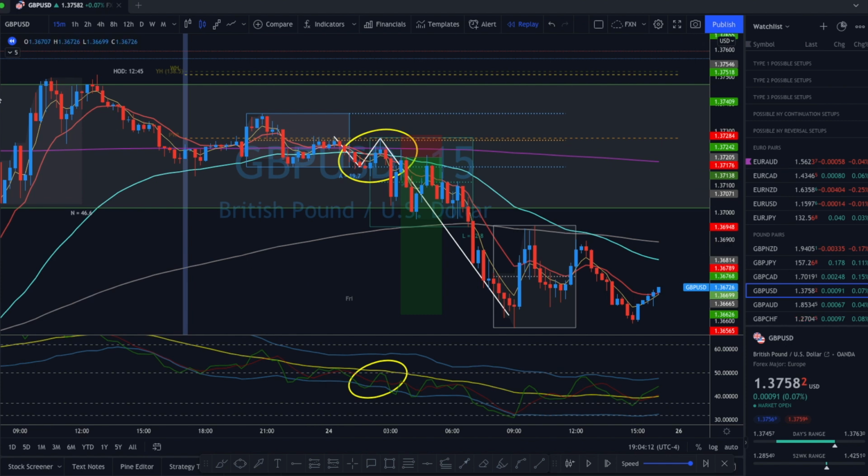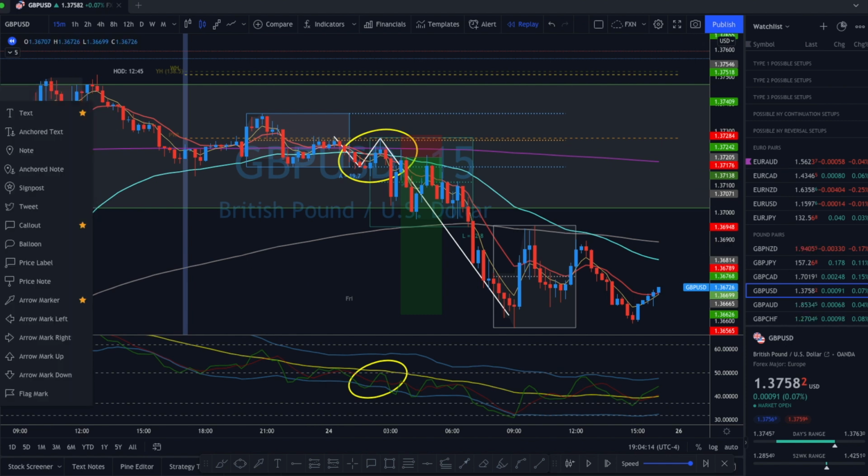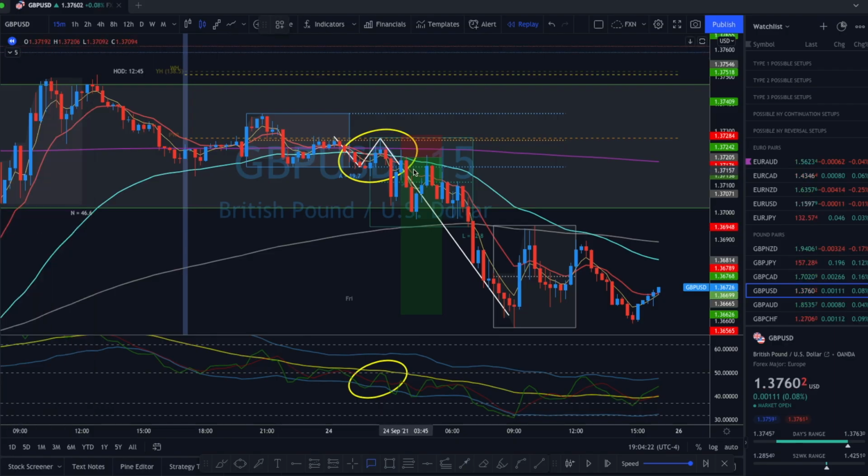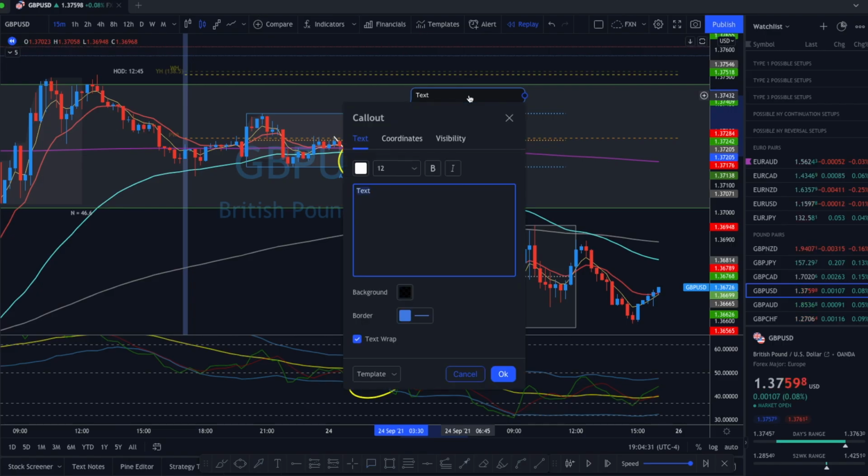So what you can do is, if you go to where the T is, go to the call out, okay, and literally click on the candle right here where your entry is, and you can just type in entry on the pullback of this candle.